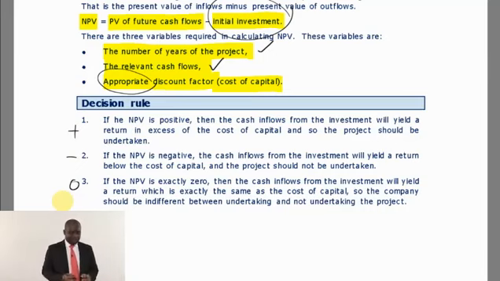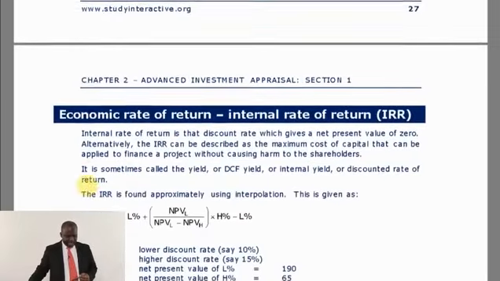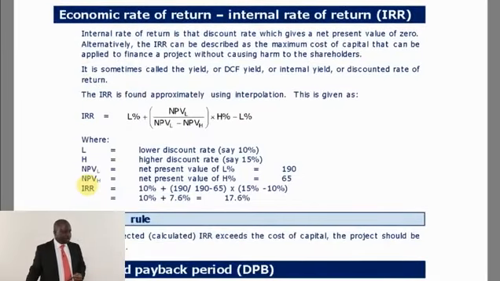If the NPV is negative, then of course it's loss making and the project should be rejected. If the NPV is 0, then the project breaks even. So this is the background of the NPV. We're going to take a bigger question to calculate NPV. Now let's move on to internal rate of return.